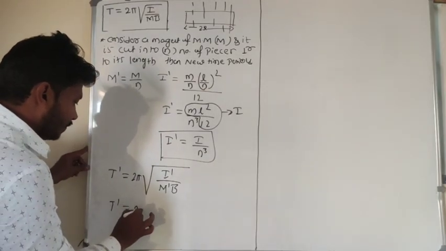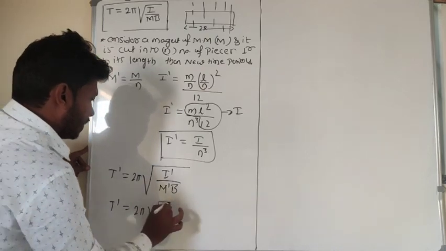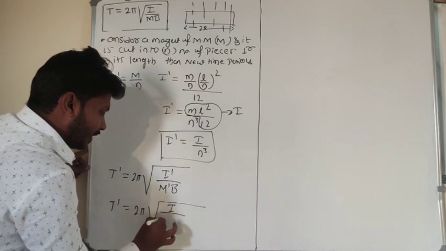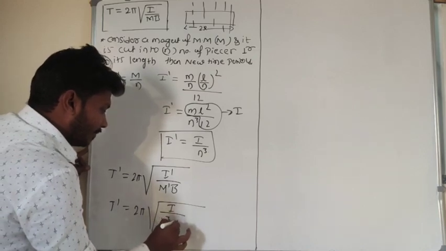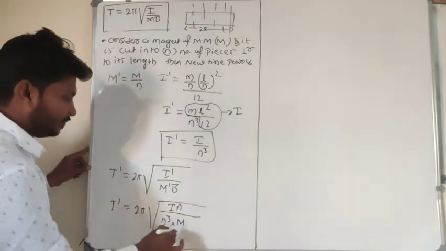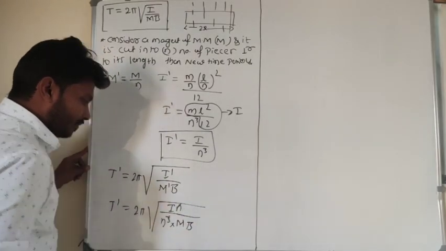T dash equals 2 pi into square root of I dash, which is I divided by n cube, and m dash, which is m by n, comes to the numerator, into B. One term will get cancelled out.